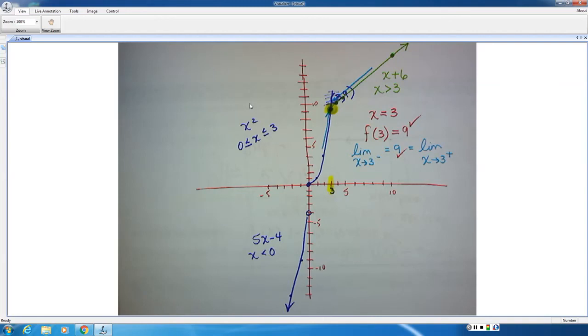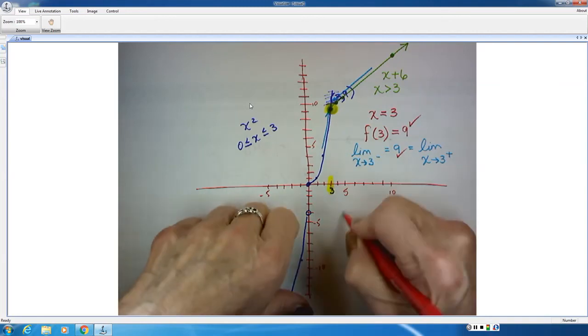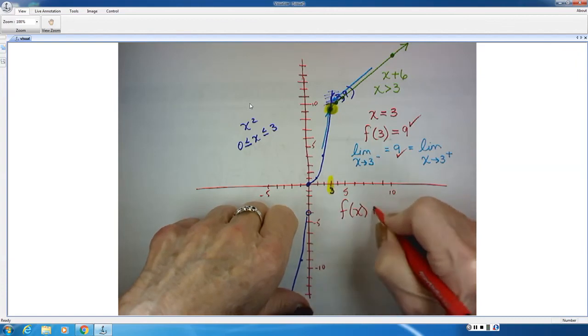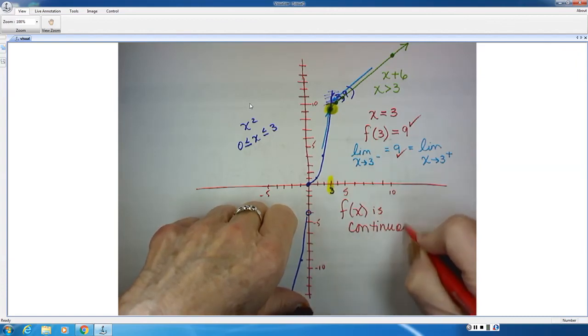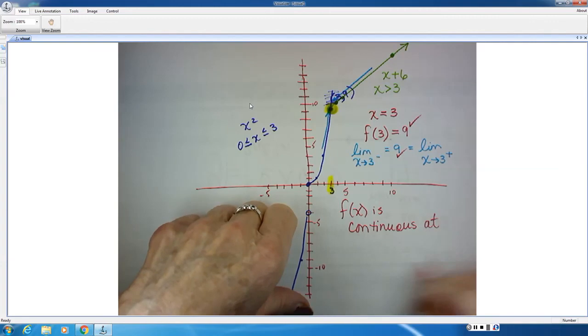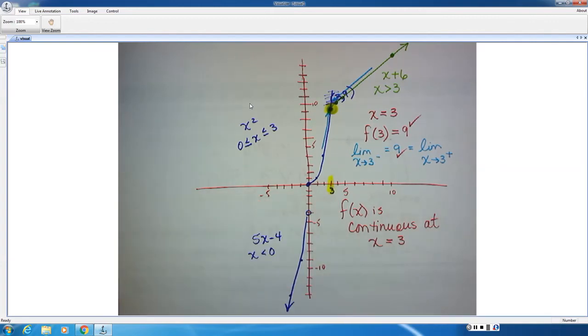Therefore, that function has passed all 3 tests, and we say f of x is continuous at x equals 3. Even though it makes a sharp point, it comes together, it stops being a parabola and abruptly just goes off and turns into linear. It is continuous at that point.